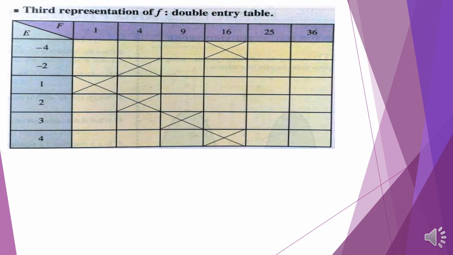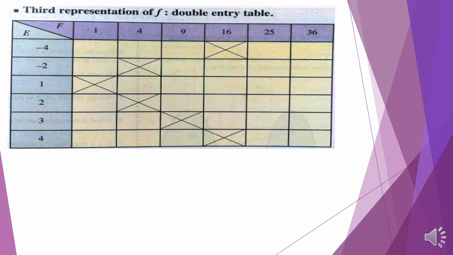For minus 4 there is one cross at 16. For minus 2 there is only one cross at 4. For 2 there is one cross at 4. For 3 there is one cross at 9. For 4 there is only one cross at 16.